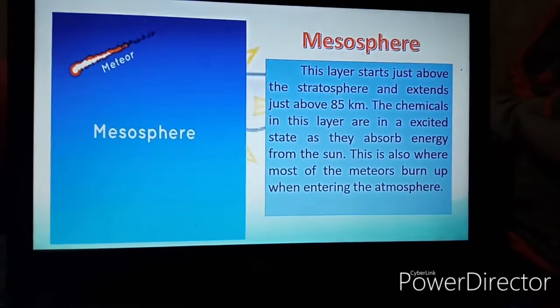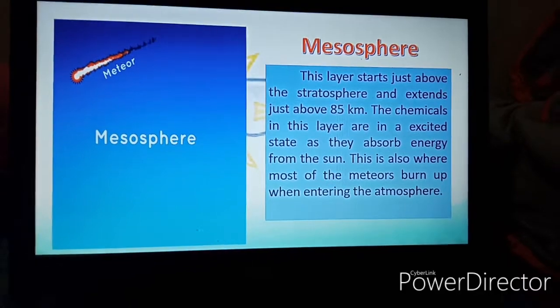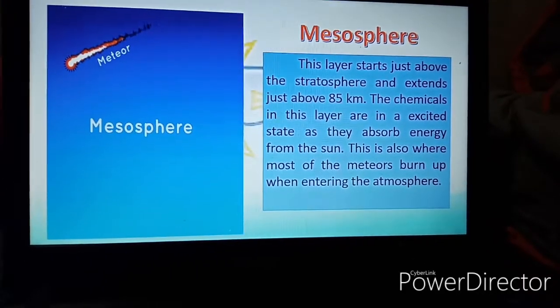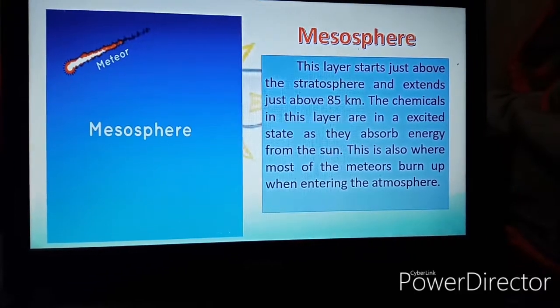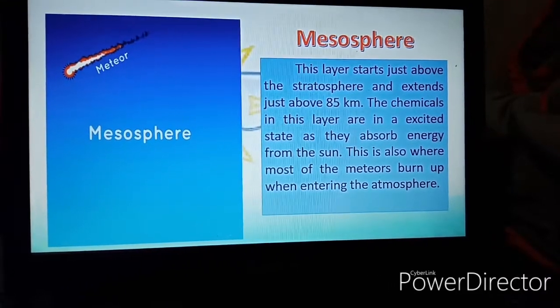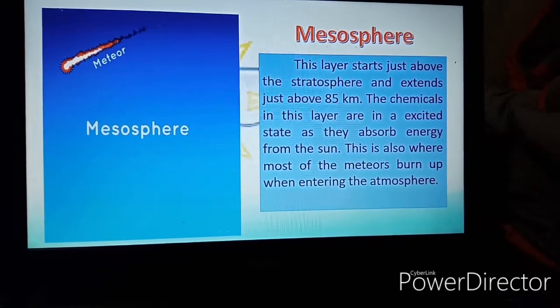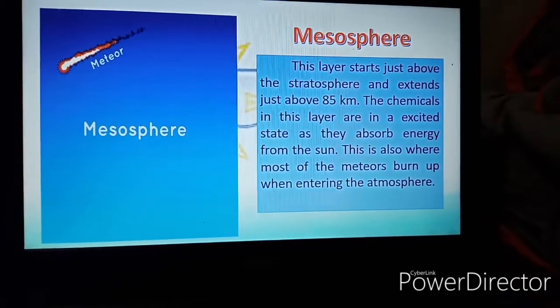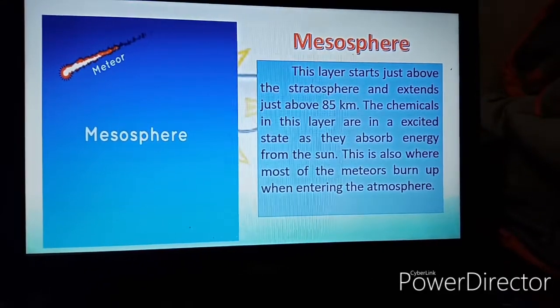This is also where most meteors burn up when entering the atmosphere. So it is responsible for burning up different objects from the universe.